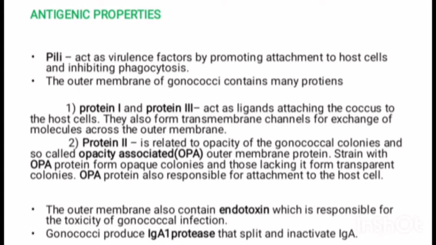Then another one is the IgA1 protease enzyme produced by gonococcus, which inactivates IgA antibody. So these four types of antigenic structures are present in the gonococcus, and they also act as virulence factors by helping in pathogenicity in gonococcal infection.